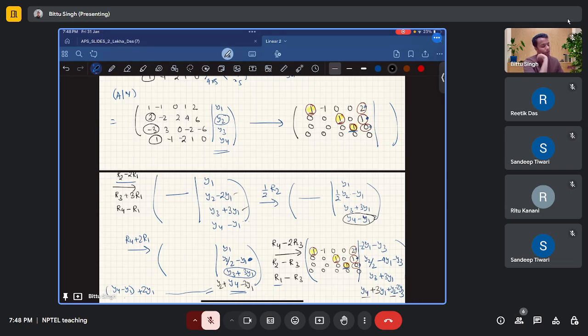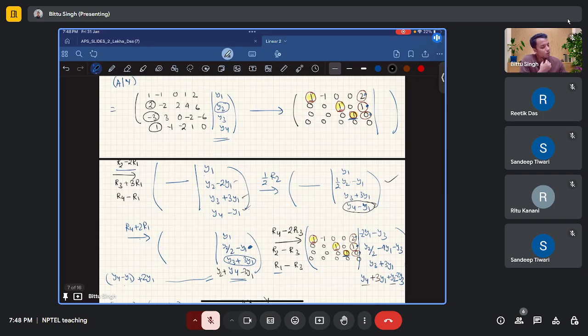This is okay. R4 minus R1 is also okay. Half of R2 is the same as half of Y2 minus Y1. Okay. So R4 plus 2 R1. R4 is now Y4 minus Y1, and this is Y2 minus 2Y1. So R4 plus 2 R1.